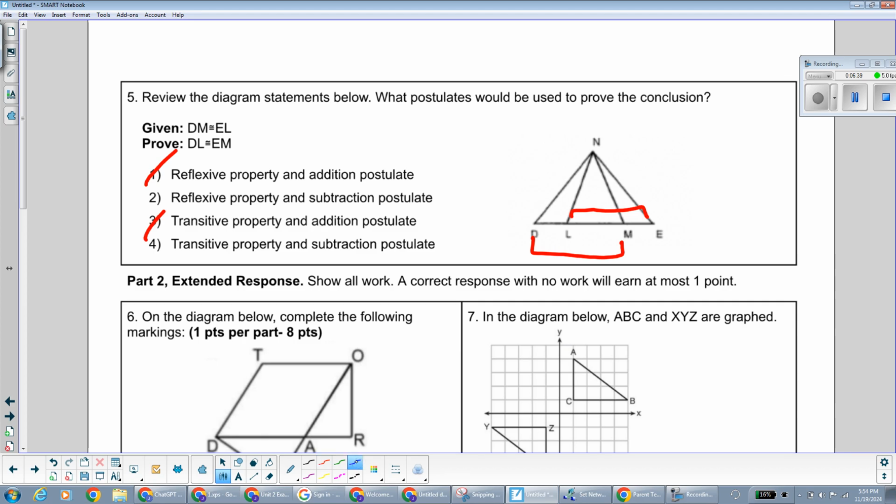Let's think about what we're going to be subtracting. So let's start with DM. DM is turning into DL. Let's think about how we can get DL. If we take DM, let's think about what we need to subtract away to get just DL. Well, we need to subtract ML.